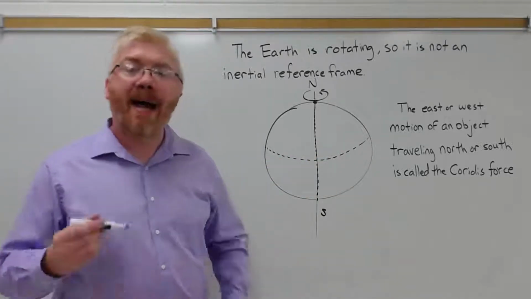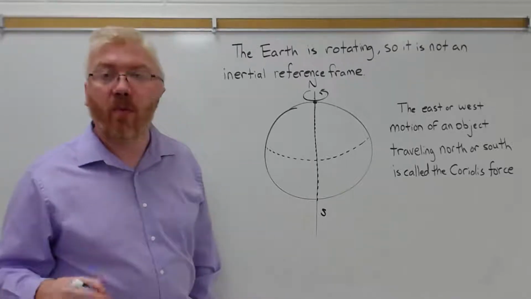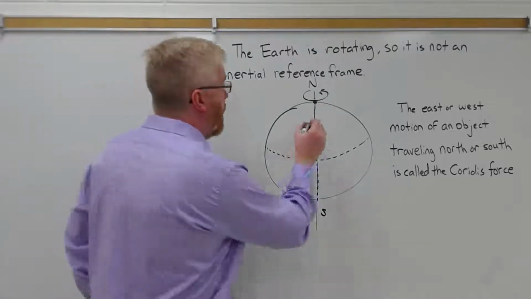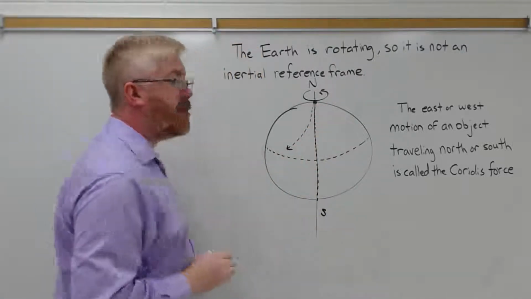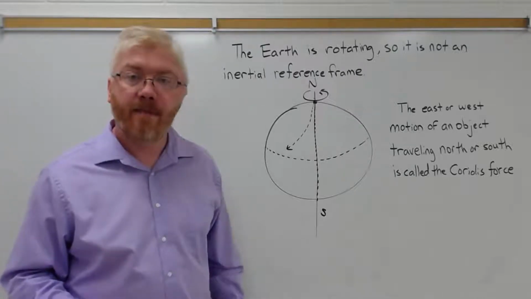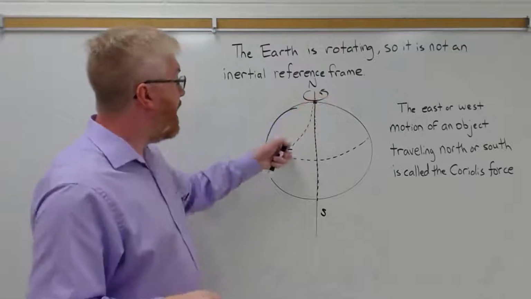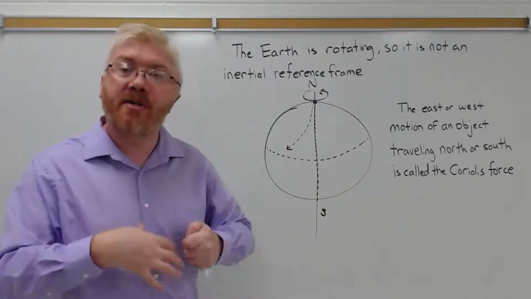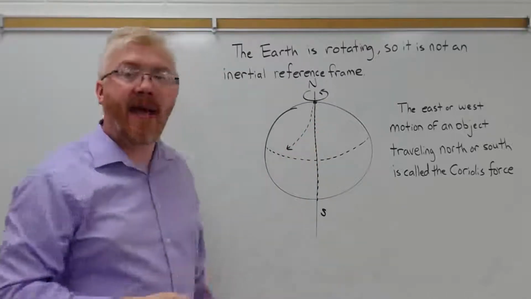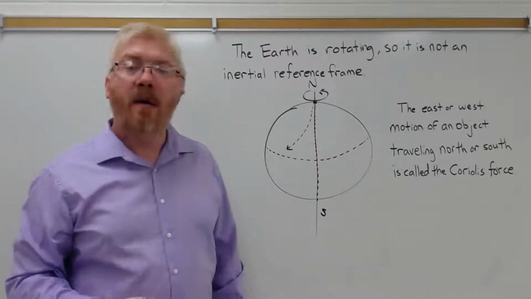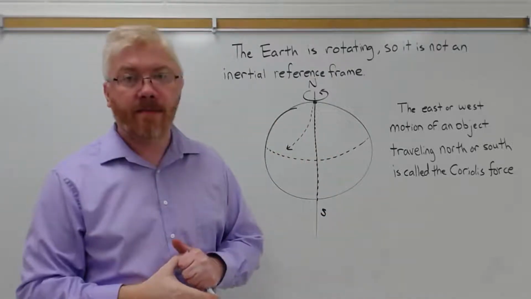So when we look at where the cannonball actually lands, the path the cannonball takes actually appears curved when the Earth is rotating. This makes it look like, from our perspective on Earth, that there's an invisible force accelerating the cannon to the left, when in reality, it's the Earth spinning underneath it.